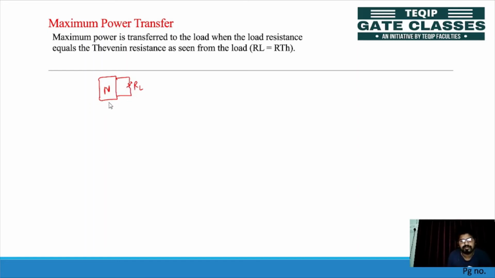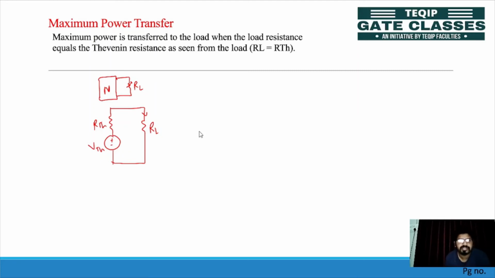If we convert this network into an equivalent voltage source VTH, according to Thevenin, and there is a load RL here, then the power transfer into this RL will be maximum if RL is equal to RTH. So this is your statement.